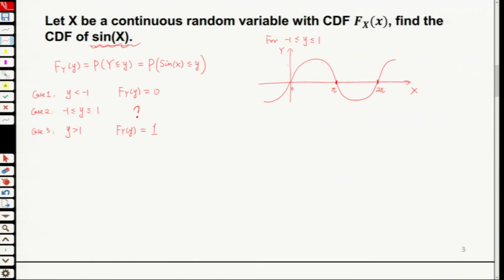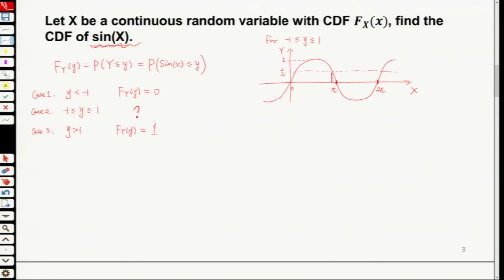This is actually 1. Now suppose we have 1/2 here, and if you draw the 1/2 line, you are going to have this one.